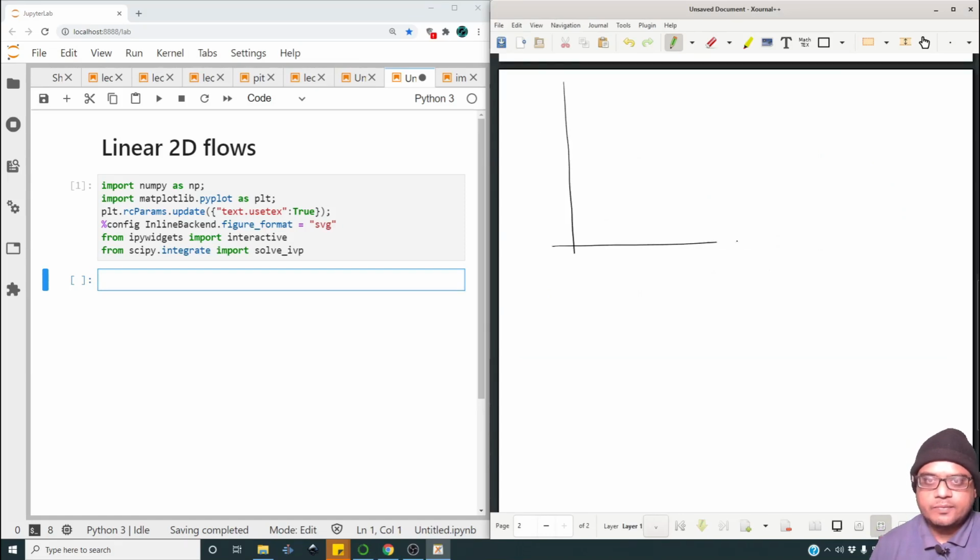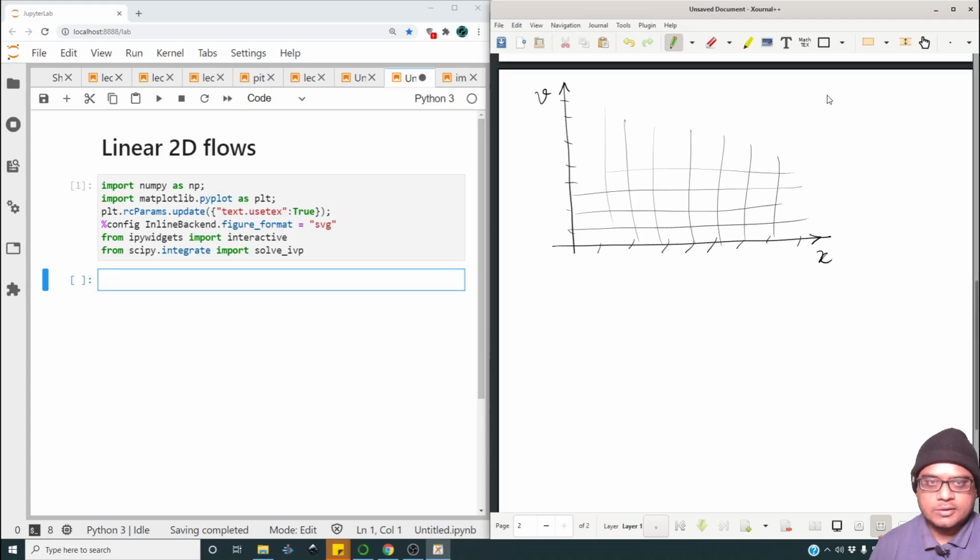So essentially, we will choose all the values of x and all the values of v. We'll make a linspace, then we'll convert it into a meshgrid. The first step is to make a linspace, then to make a meshgrid.